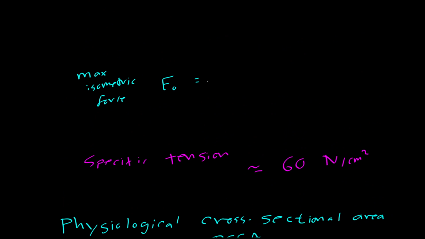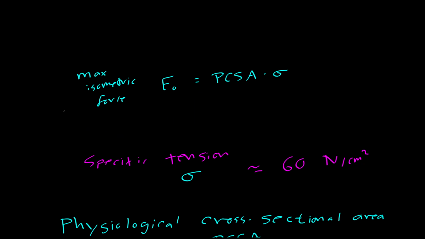That is going to be the physiological cross-sectional area of the muscle times this number. I think sometimes people use this like sigma as specific tension. Let's just call it a lowercase sigma for specific tension for now. But what that means is you get some physiological cross-sectional area, you multiply it by this amount of force per unit cross-sectional area of the muscle, and it tells you how much force the muscle can produce.